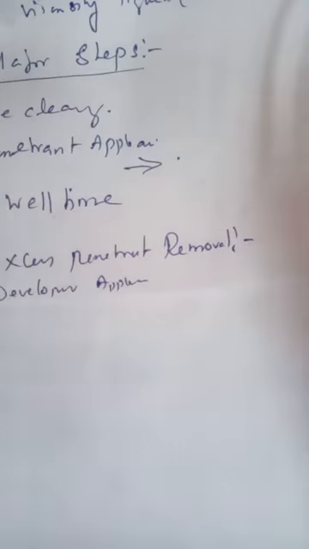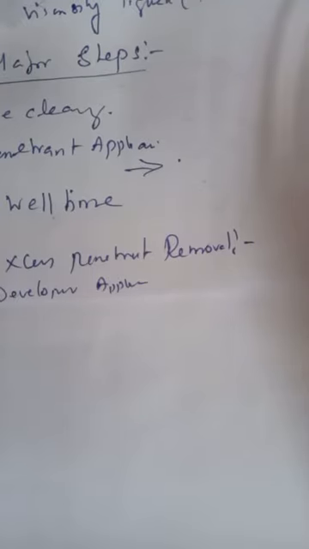After that, inspection and post cleaning. Inspection is done under white light for visible dye or UV light for fluorescent dye. The part is cleaned to prevent the chemical from corroding the material.